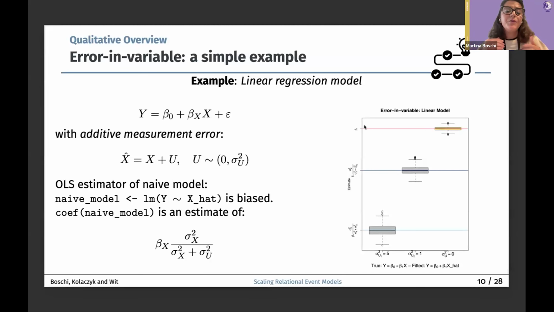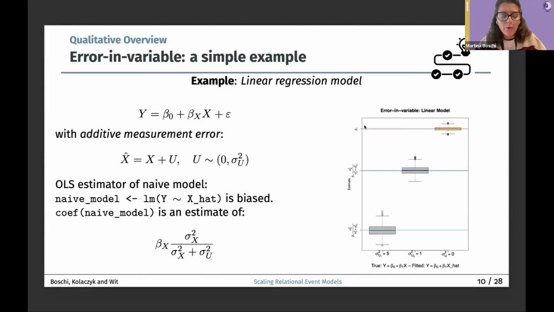The idea is that if you fit directly the naive model using the version of the covariate that you can access, the coefficient that you obtain is biased. However, there is an asymptotic theory showing the convergence of this coefficient, and this can be expressed as a function of the true one and the variance of the measurement error.